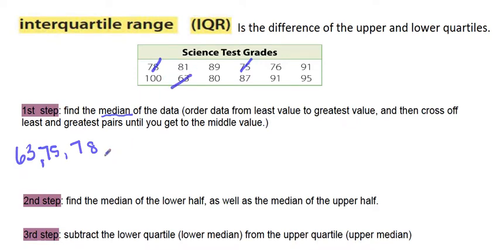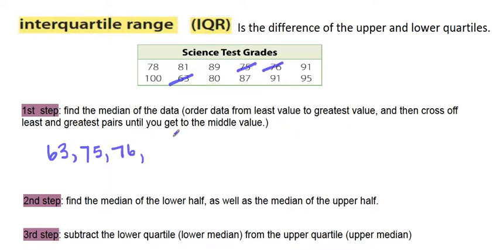Let's try this again. So I have 63. It helps if you cross them out. I have 75, 76. Then I have 78, 80, 81.